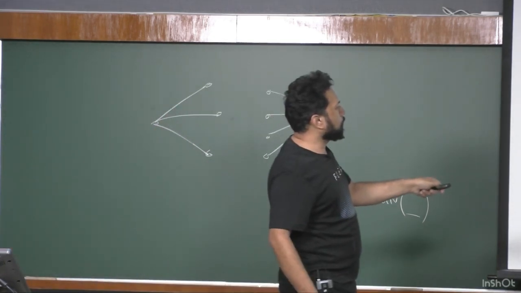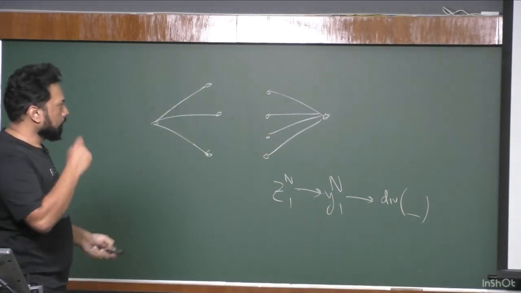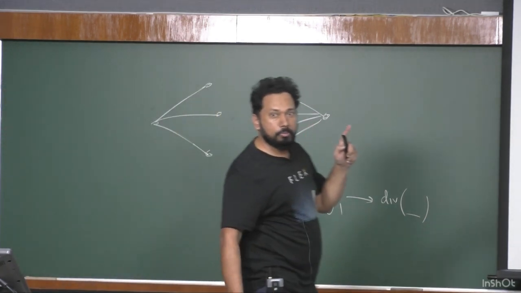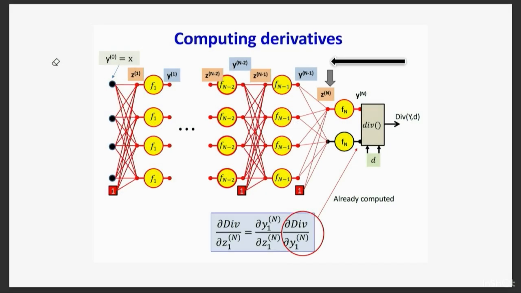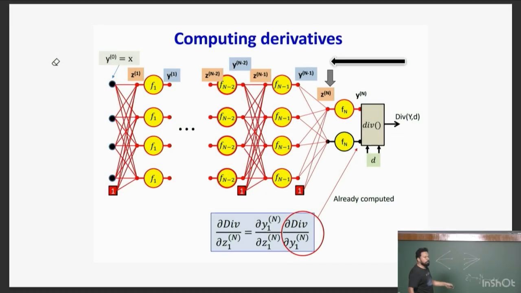So we know the derivative calculations until here. That's where backpropagation, saving the data, all this helps. This is already known. Why is it known? Because yn1 is known. The divergence will be some function, and I know how to take the derivative with respect to yn1.